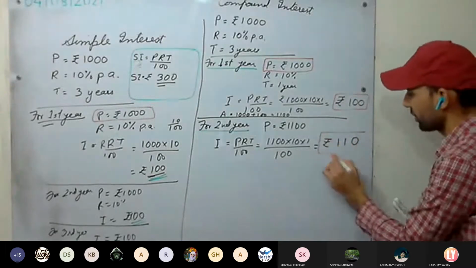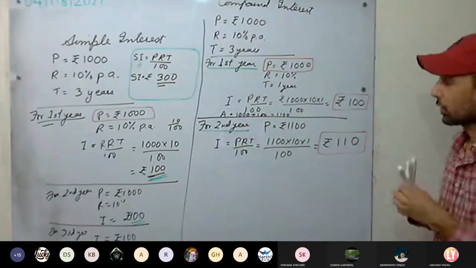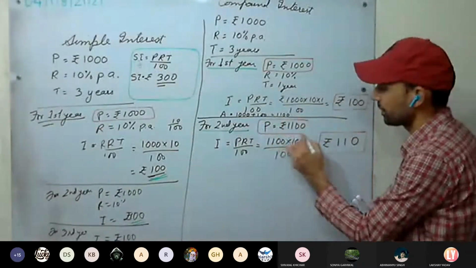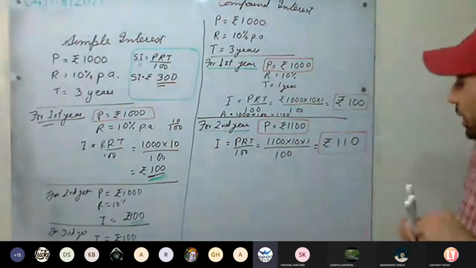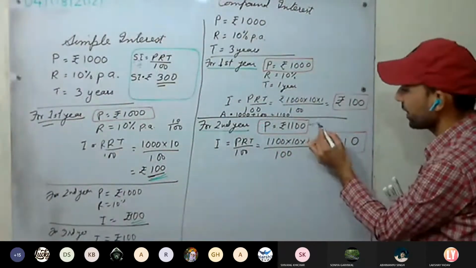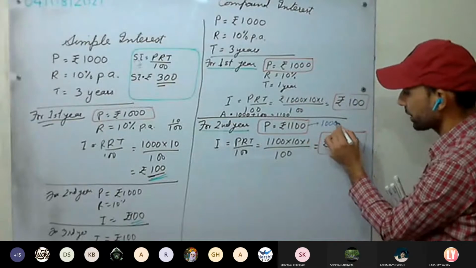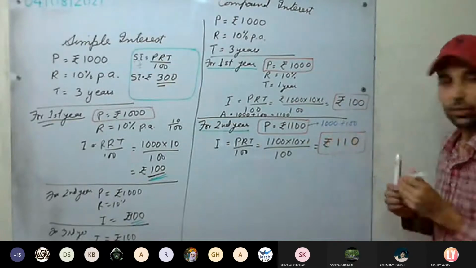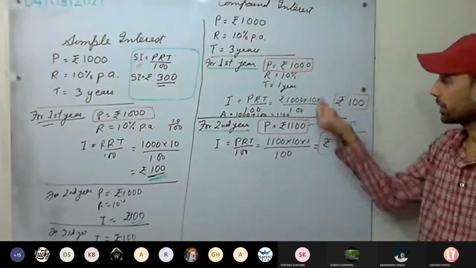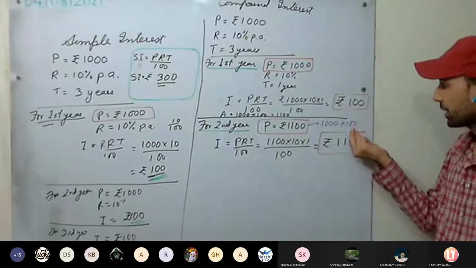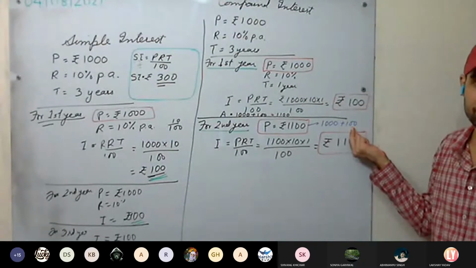See here how. For the second year, what is the principal? 1100. What is it? It is 1,000 rupees plus 100 rupees. Yes or no? 1,000 rupees is the principal for the first year, and 100 rupees is the interest for the first year.